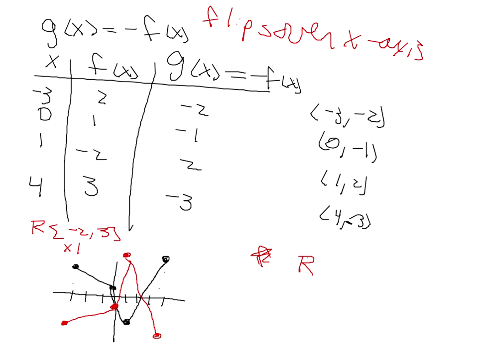I'm going to do the same thing to my range, so multiply each one by -1. My new range for g of x is -3 to 2. Remember, the smaller number always has to go on the left.